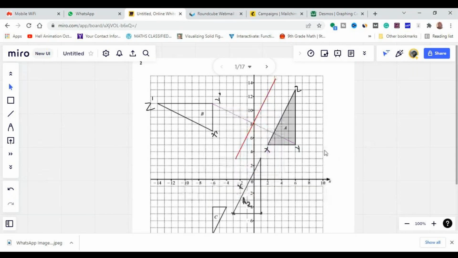This is it. And now what you do, just join Z with Z prime and then draw its perpendicular bisector. Got it? So just go on. We join Z with Z prime carefully, very carefully.